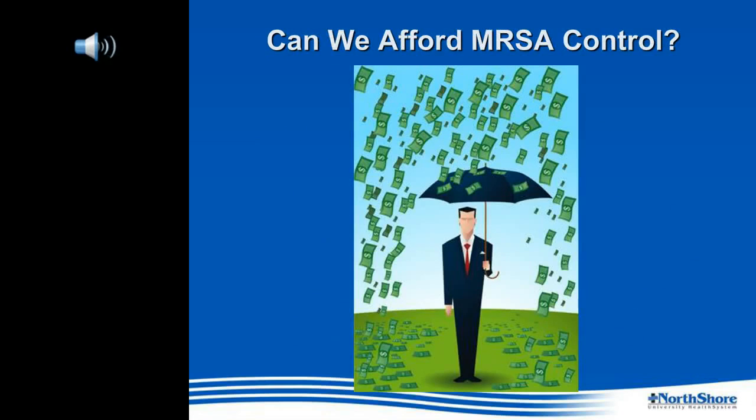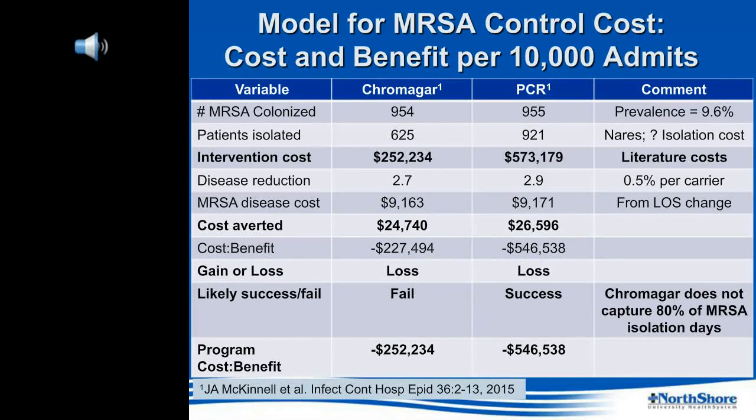The big question comes: can we afford MRSA control? And this is important. We can't do things that are not sustainable in our healthcare organizations. Several papers have looked at this. This is one from earlier this year looking at the benefit of MRSA cost and control, comparing chromogenic agar with polymerase chain reaction, using literature estimates of cost to look at intervention costs.